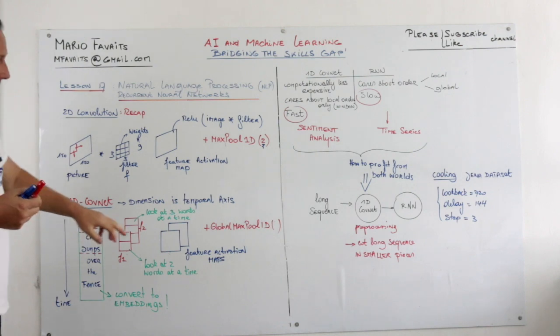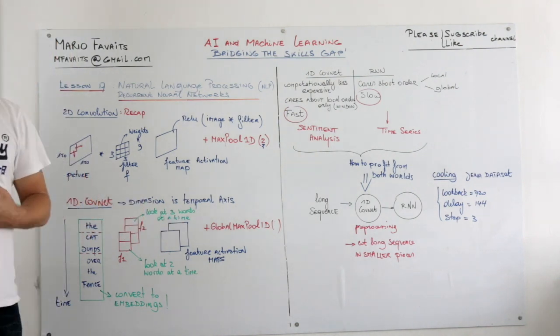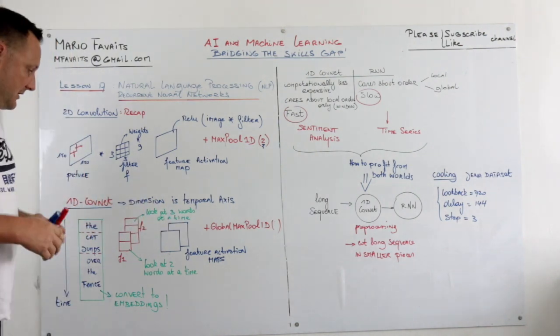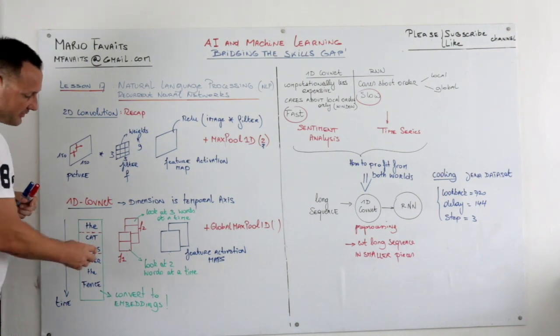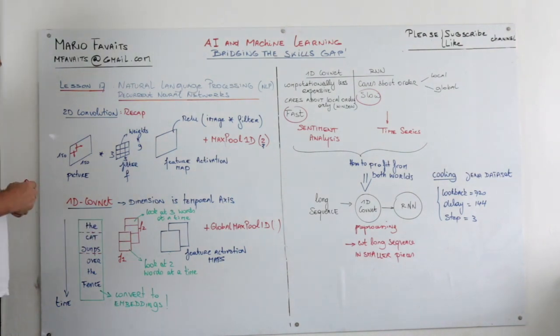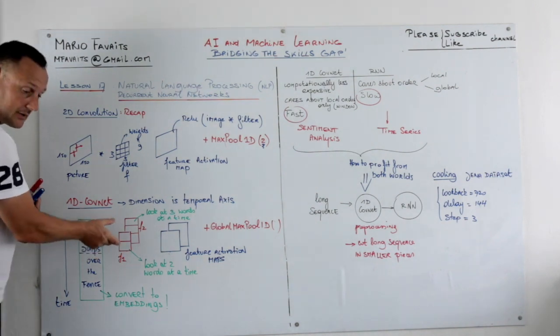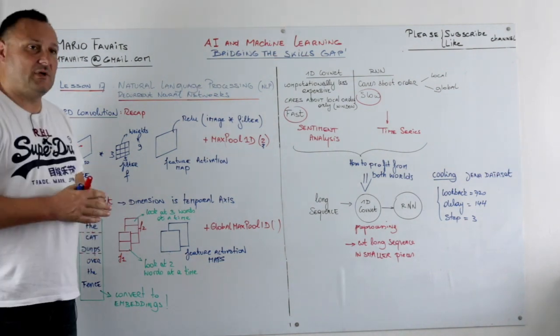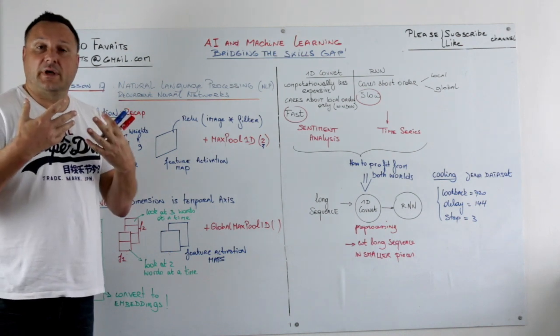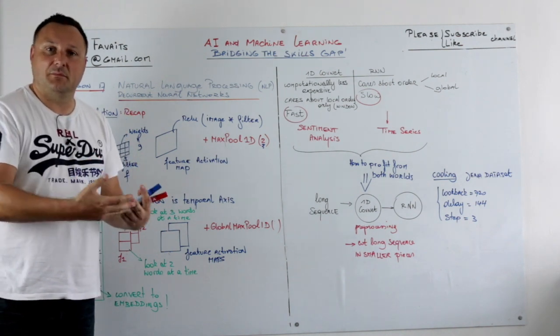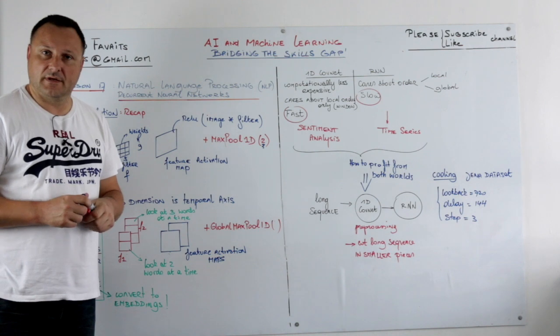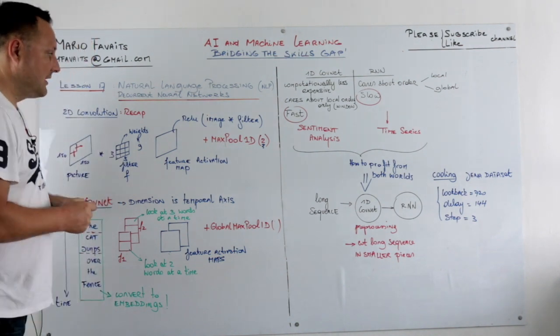And then at the end we will use a global max pool one dimension. Whereas a max pool focuses on the window, the global max pooling will look at the whole sentence and take the maximum vector. So this is the main difference.